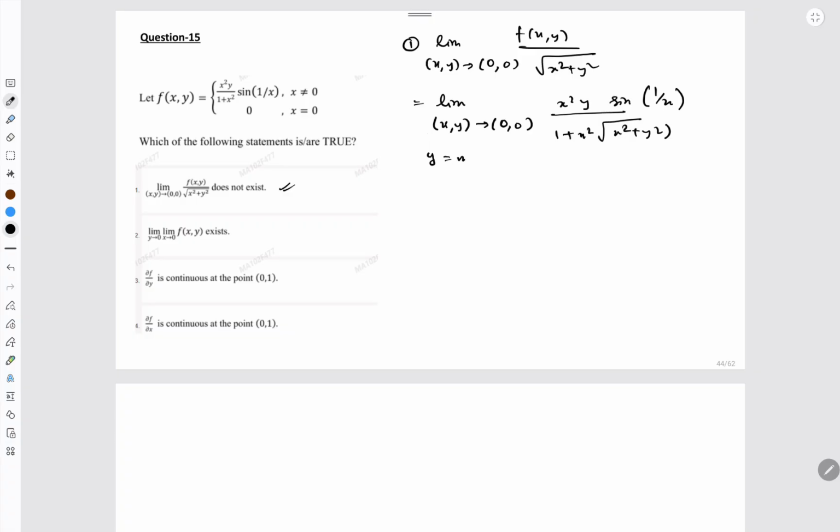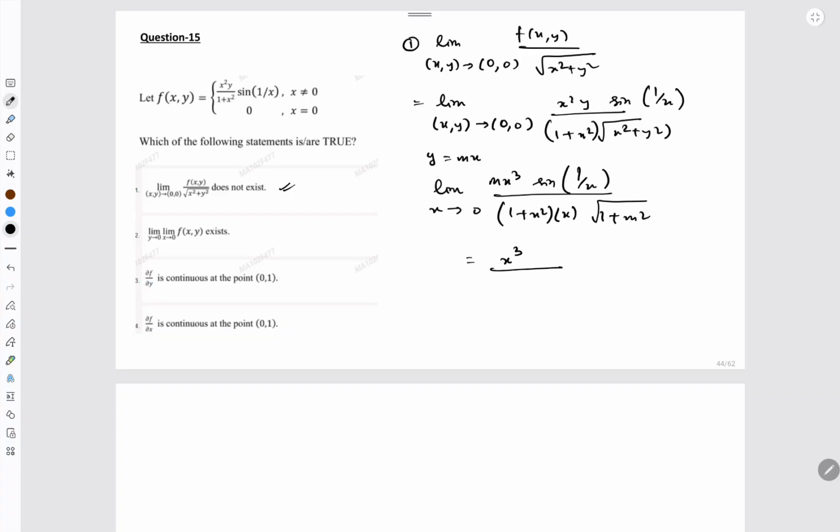If I take y as mx, limit x tends to 0, we get m x cube sine 1 by x, divided by 1 plus x square and m square x square, so I can take mod x outside, 1 plus m square. If I put x as 0, what happens?